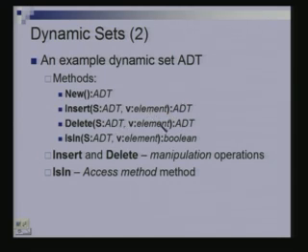Similarly, remove removes the element V from the set S. So, these are two methods for updating the set. New is a method for constructing the set, and this is one of the access methods. All it is telling us is whether this element is in the set or not. The return value is of type Boolean. If V is in the set, then it says true and otherwise false.